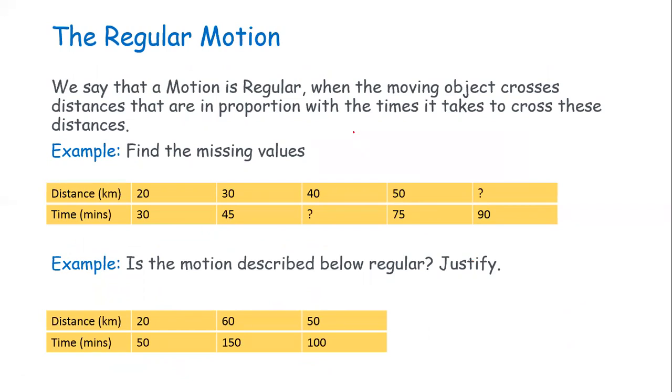For example, if a car is moving between two cities, A and B, and it takes 1 hour to cross this distance, which is equal to 30 kilometers, this means that the same car, moving between the two cities B and C, must cross a distance of 60 kilometers in 2 hours.